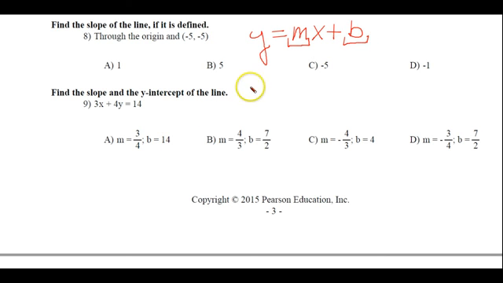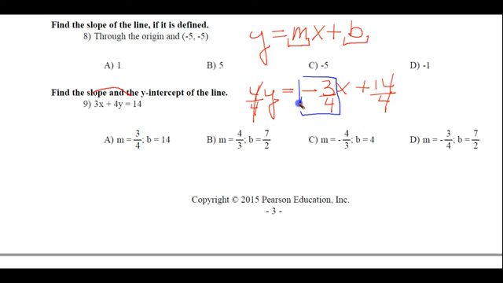So let's do that. We have 4y. I'm going to transpose this to the other side. I get a negative 3x plus 14. Now I'm going to divide everything by 4. These cancel out, and I now have my slope and my y-intercept. And that is letter D.